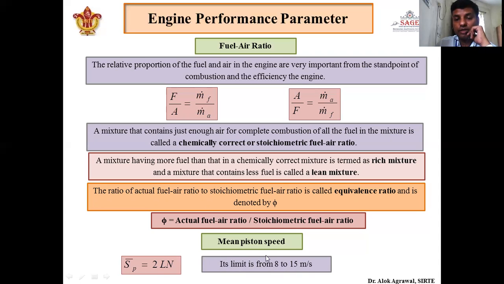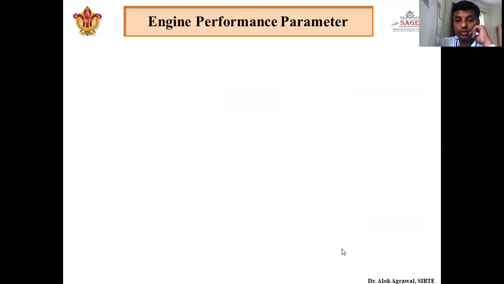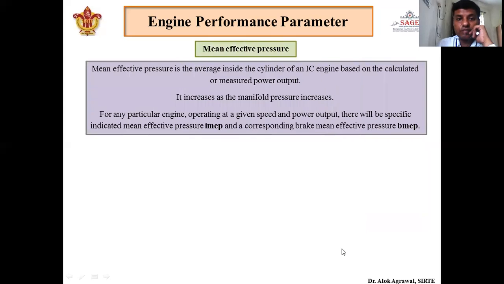It is mainly a measure of the speed of the piston, because till now we were discussing the rpm, the rotation of the crank. But if you want to convert that into the speed of the piston, then we generally use this formula, that is 2 into L into N, where L is the stroke length and N is the RPM. And from experiment, it has been seen that the speed of the piston comes between 8 to 15 meter per second.